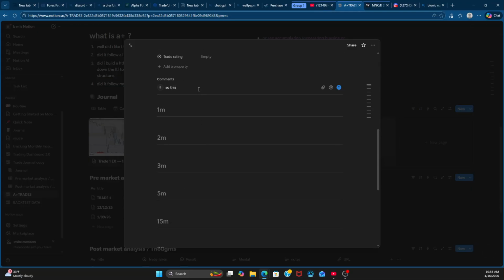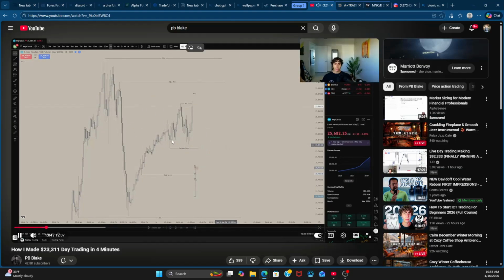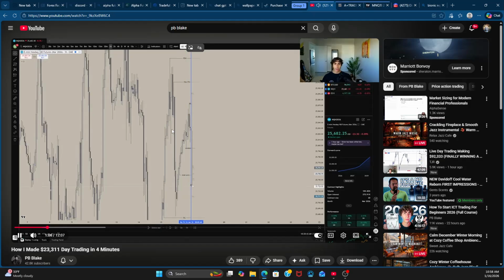So this was Blake's trade, and coming into the day, he said he was leaning more bullish. Have London Lows trade into this hourly gap right here.